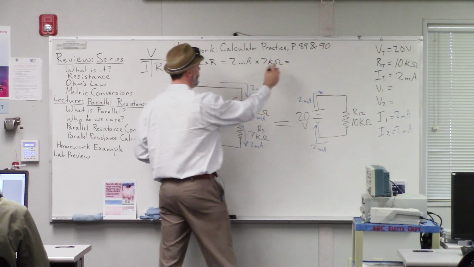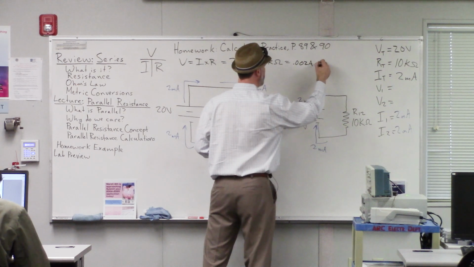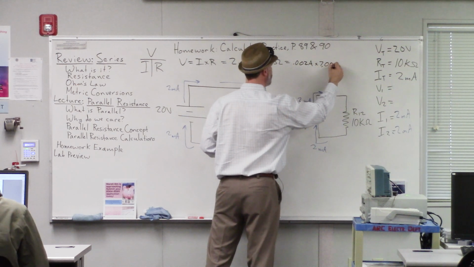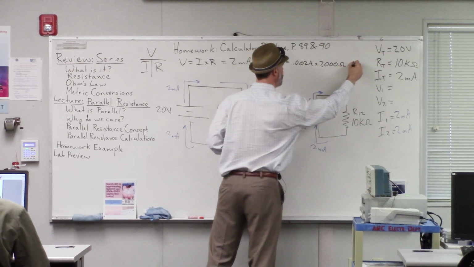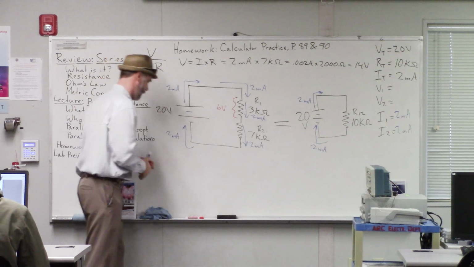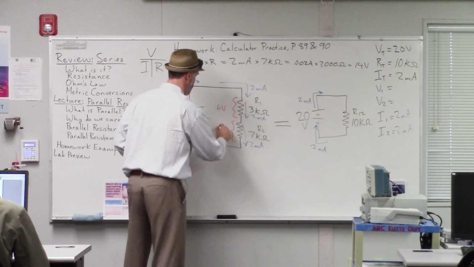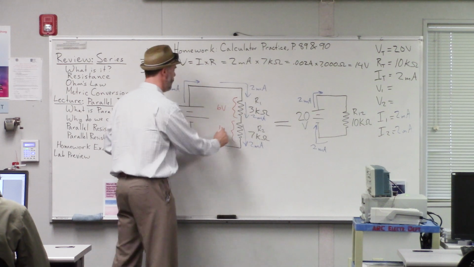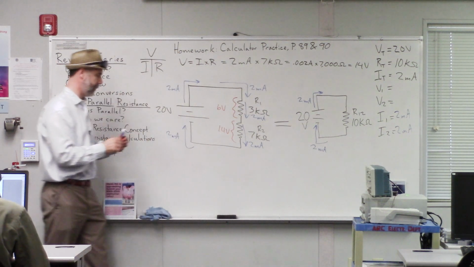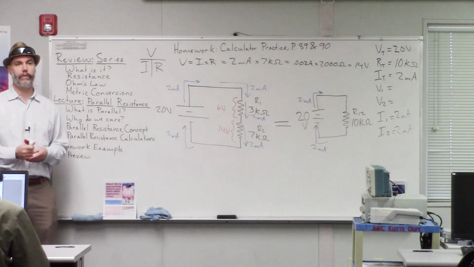So that is 0.002 amps times 7,000 ohms, and that comes out to be 14 volts. So we have 14 volts down there. Okay? So questions about that?